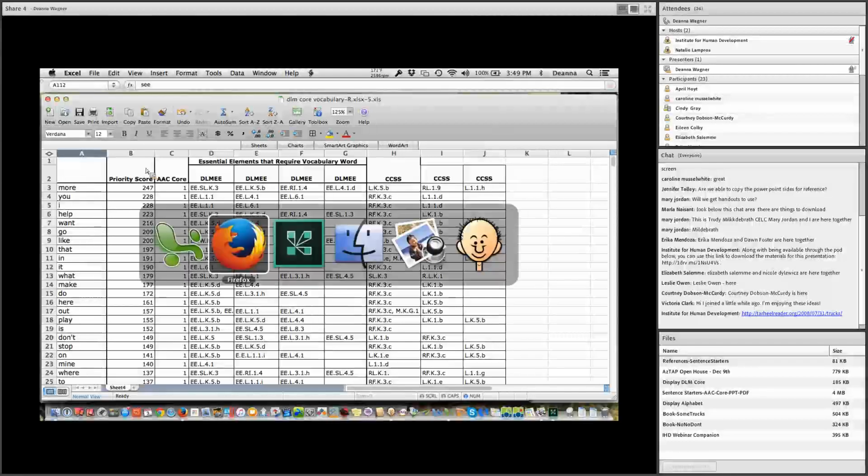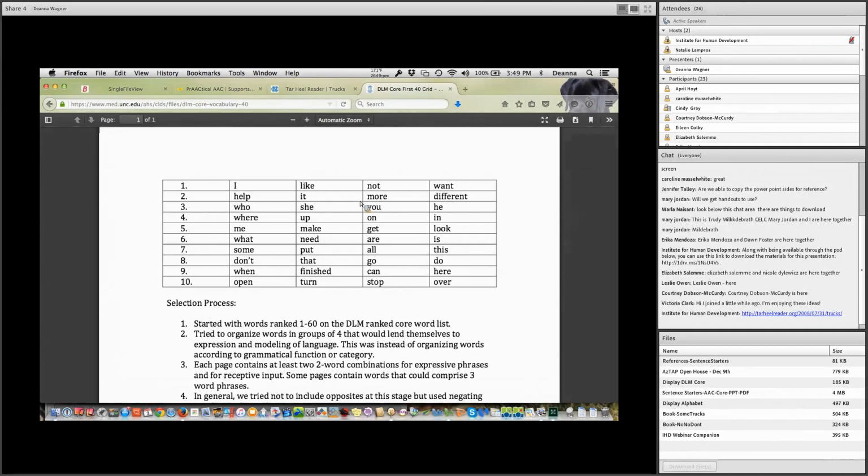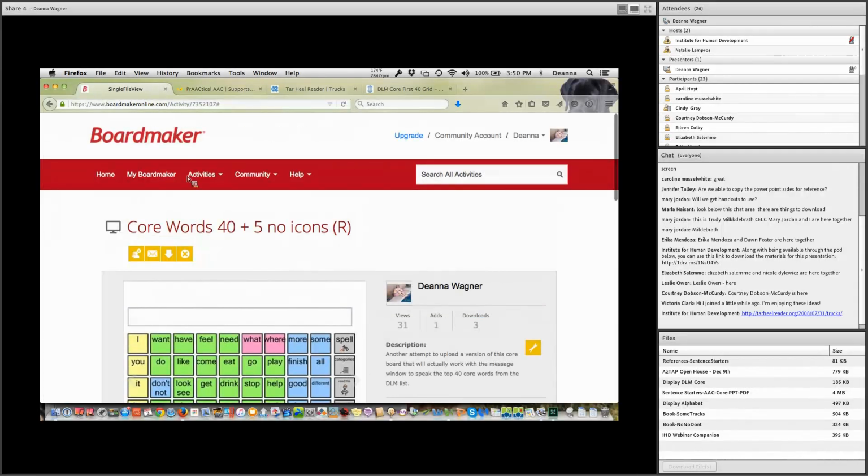So we see the core vocabulary download, the PowerPoints, the first 40 grid, and on this other page I have the Boardmaker online website.